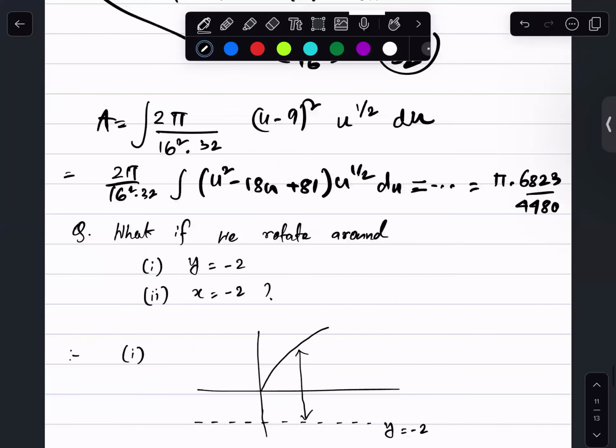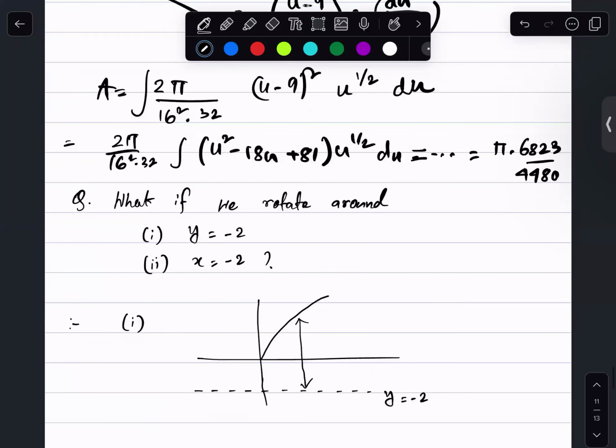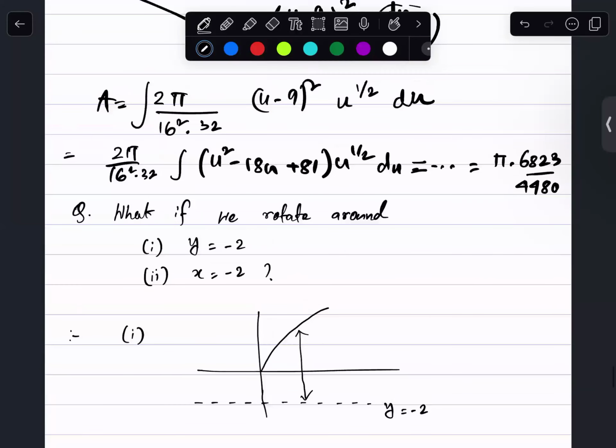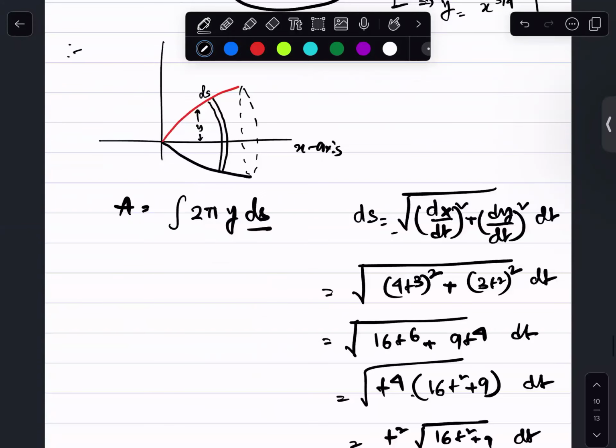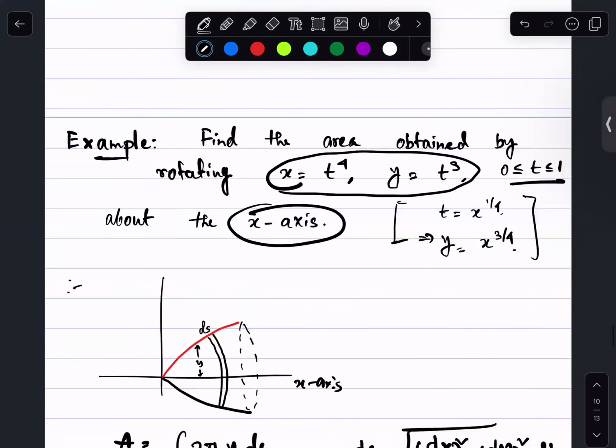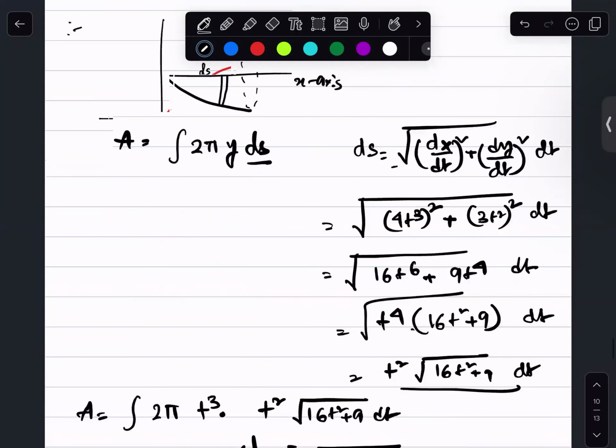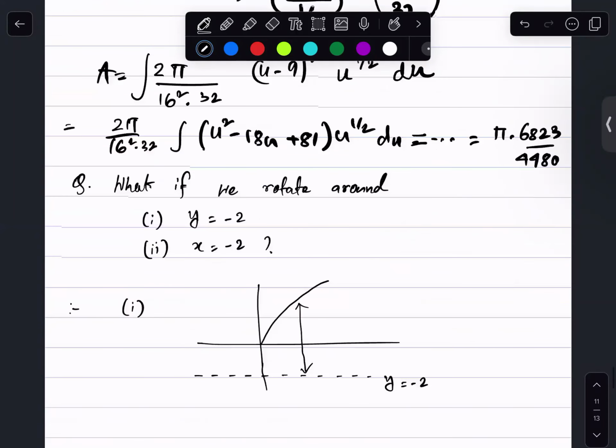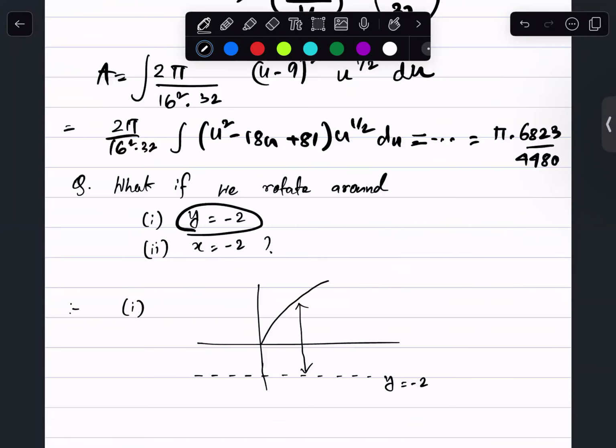One more question that you should think of is, what if we rotate not around exactly the x or y axis, but rather an axis parallel to x or y? For example, if I have the same question, same parametric curve, and we rotate around, say, y equal to minus 2 axis.